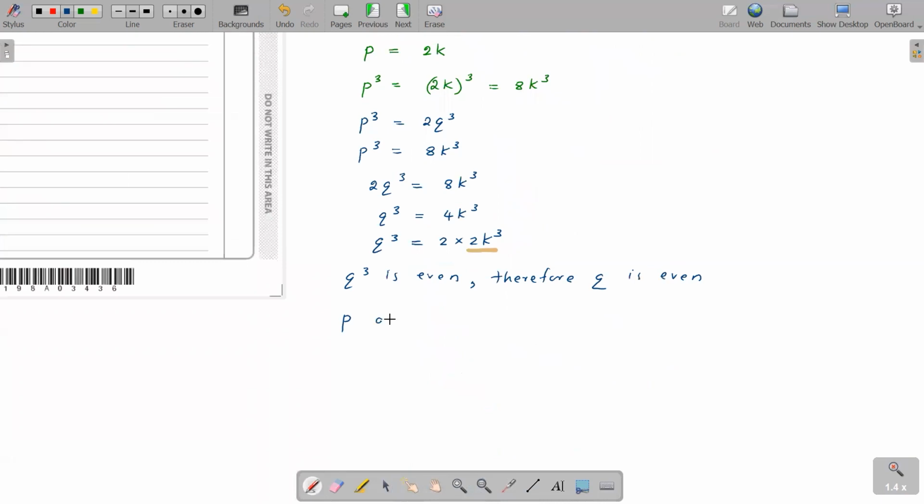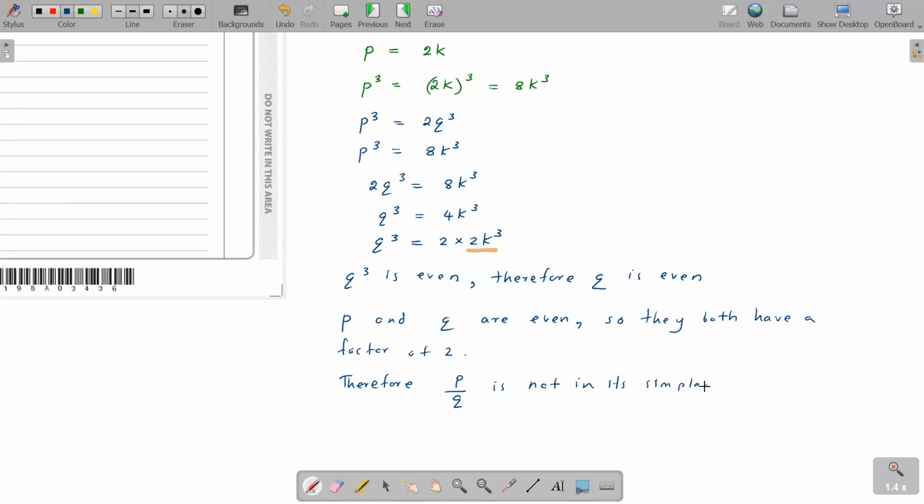You can write here, P and Q are even integers, so they both have a factor of 2, right? Therefore, what does it mean? P over Q is not in its simplest form.